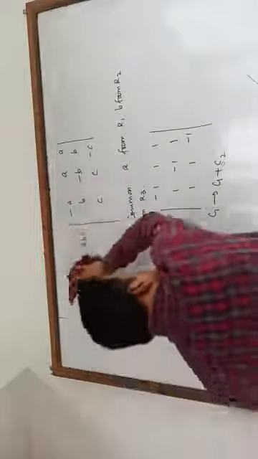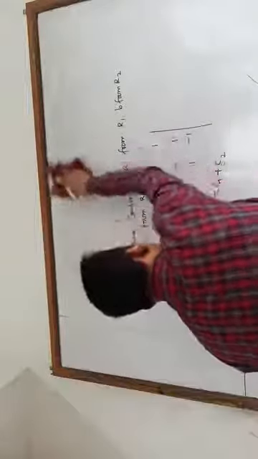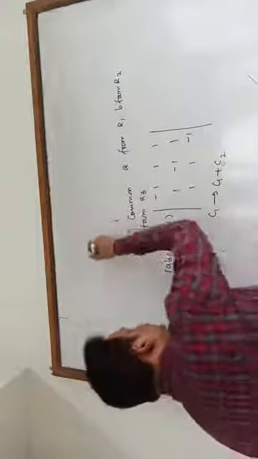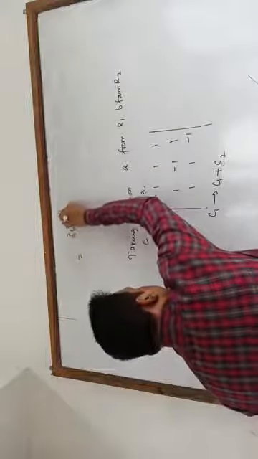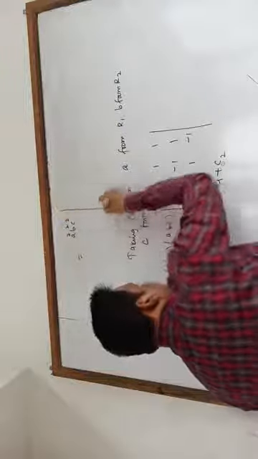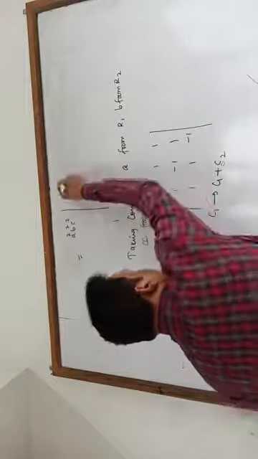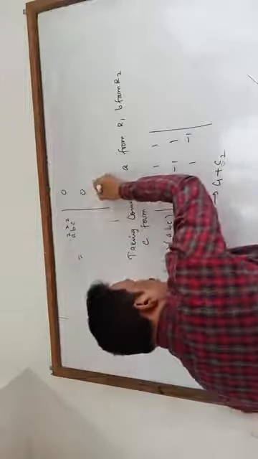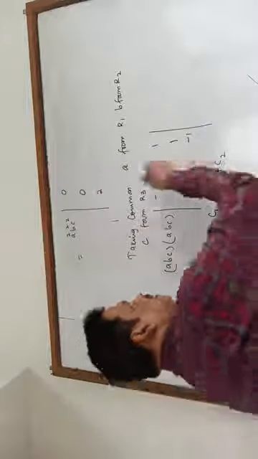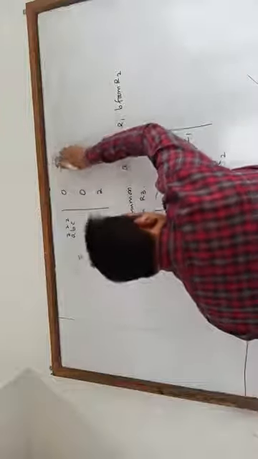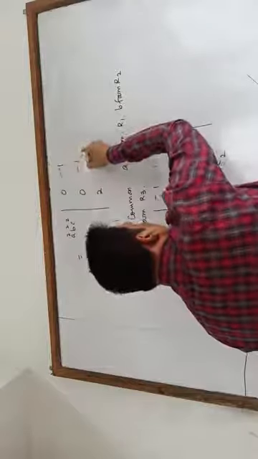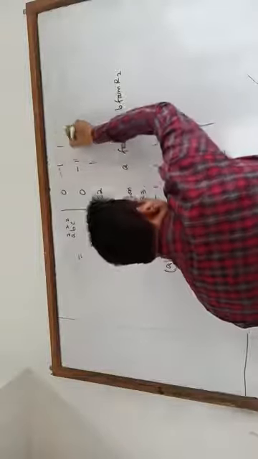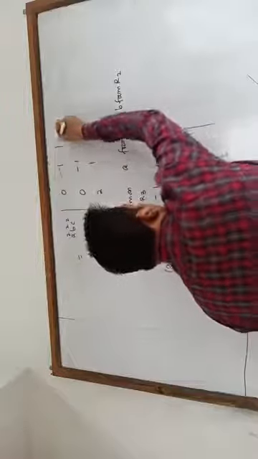So we write C1 as C1 plus C2: a square, b square, c square. Then this will be 0, this will be 0, this is 2. Then 1, minus 1, 1; 1, 1, minus 1.